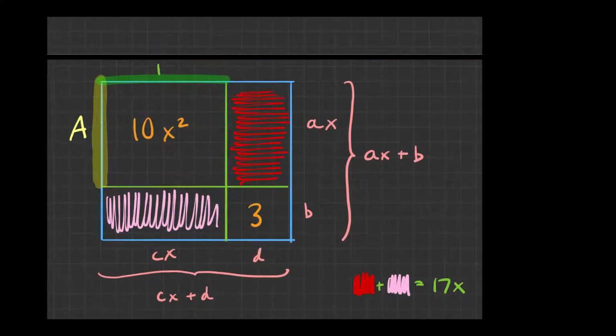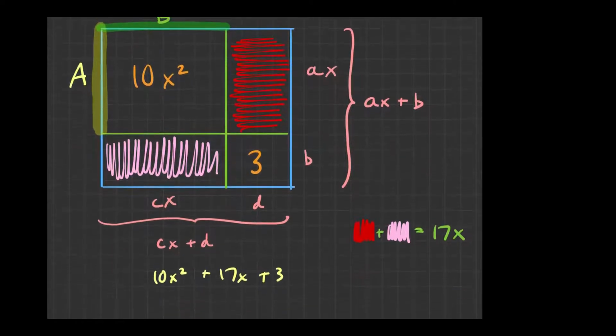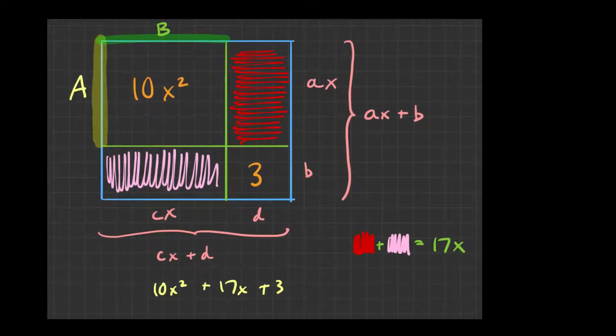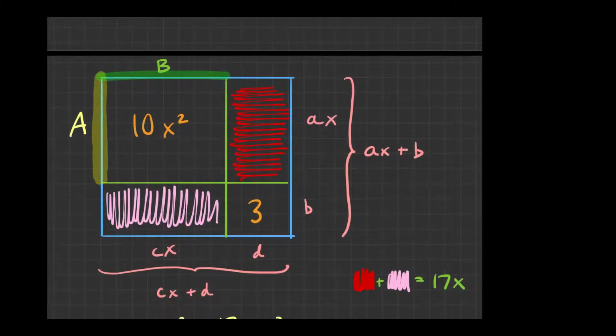Okay, so I've got side A, side B. Actually, I'm going to call that one C. Sorry if you're finding that confusing. I'm calling it C because this is C, right? So these two sides, these are all the same length.